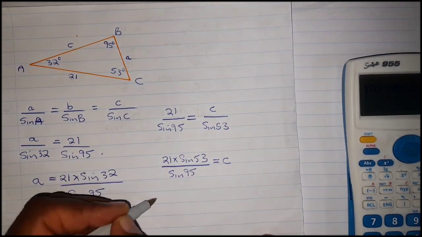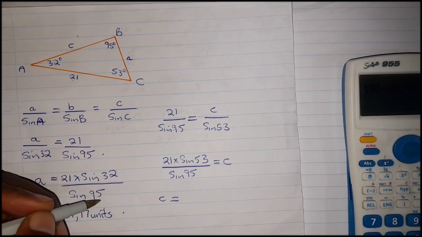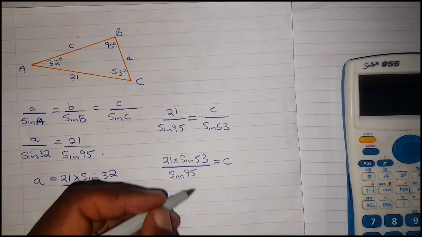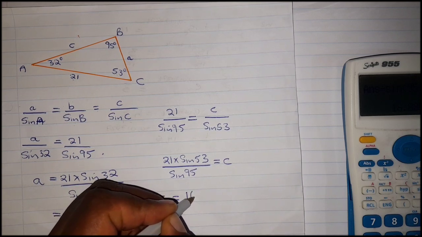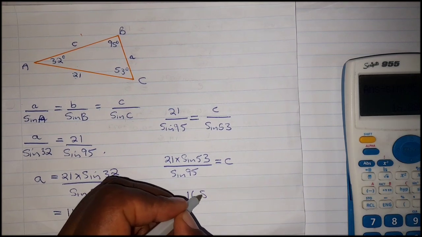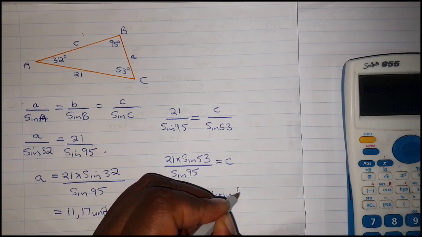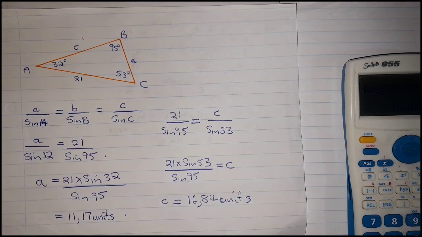This is equal to c, and you do it on your calculator: 21 times sine 53 divided by sine 95. So your c is 16.84 units.